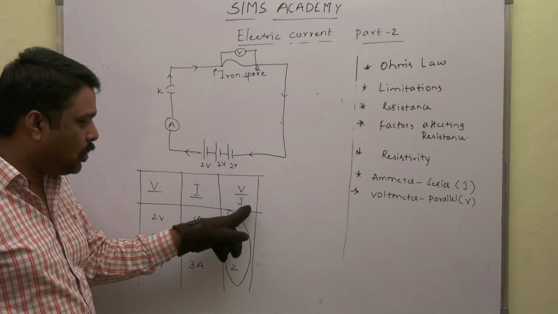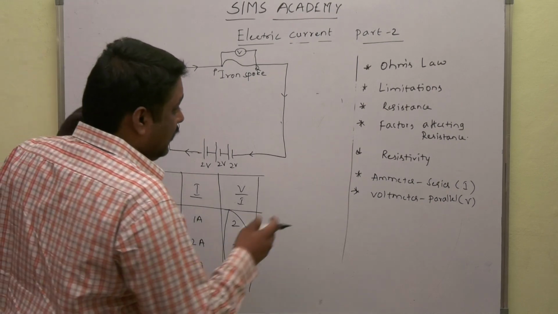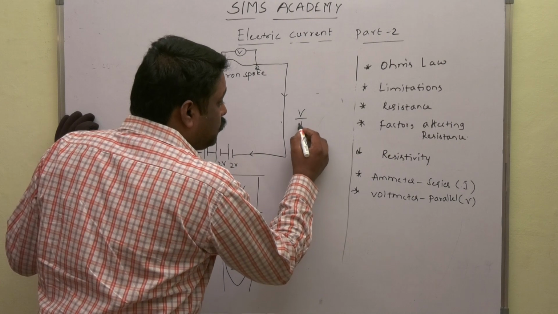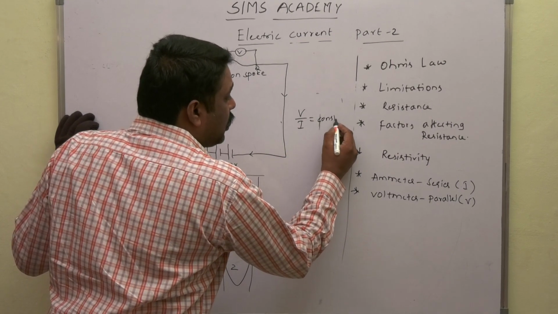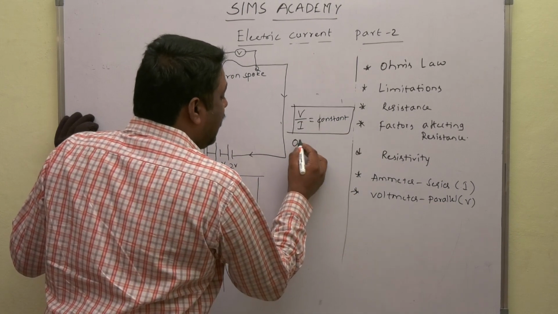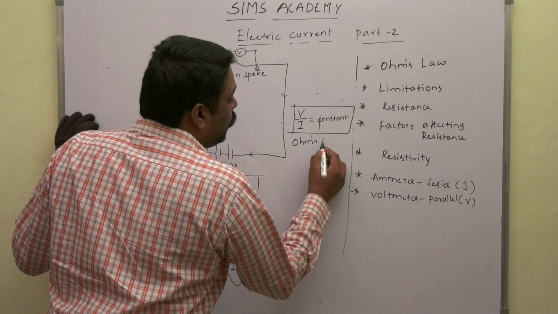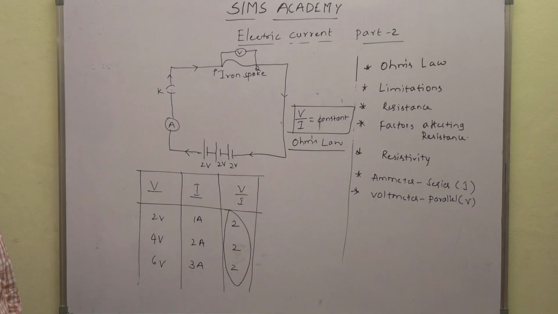That means the ratio of V to I is constant, and this is called Ohm's law. V by I equals a constant, and we say it as Ohm's law. Here Ohm's law is also verified.